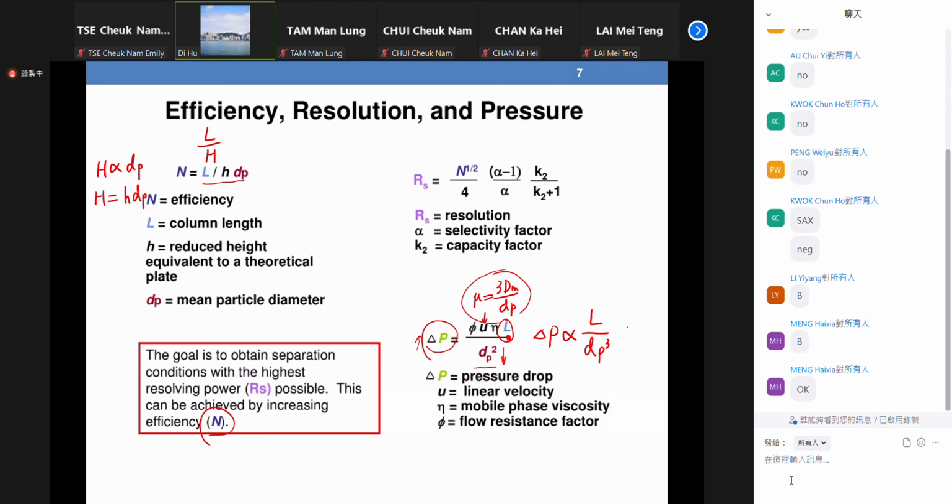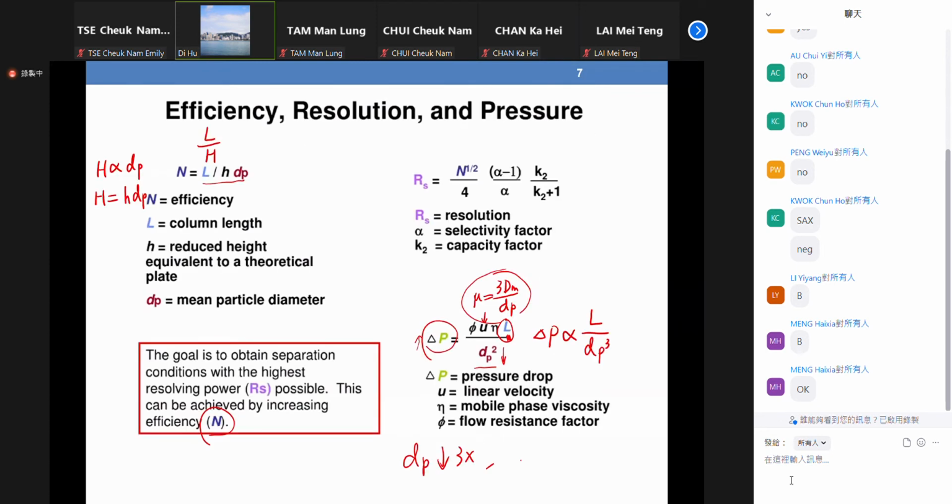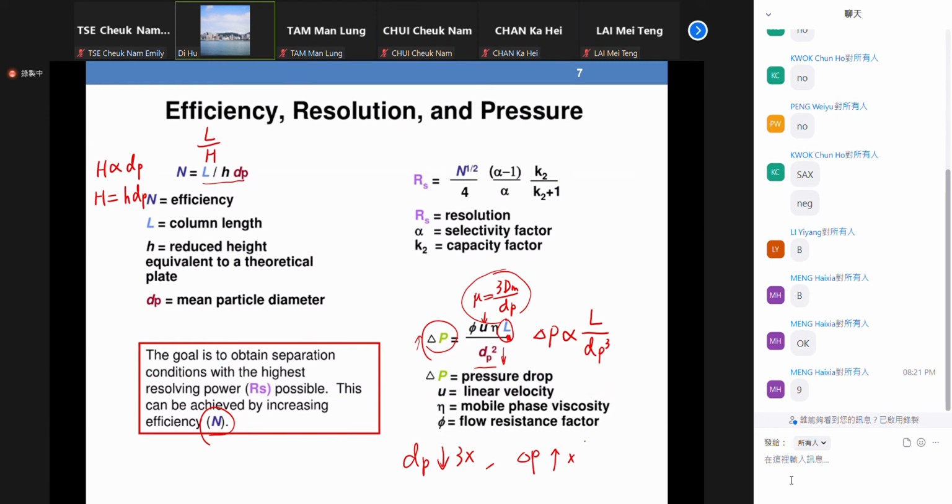So that means if dp decreased by 3 times, what happened? That means the delta p will increase by how many times? Can you tell me? If length is the same, if L is the same.